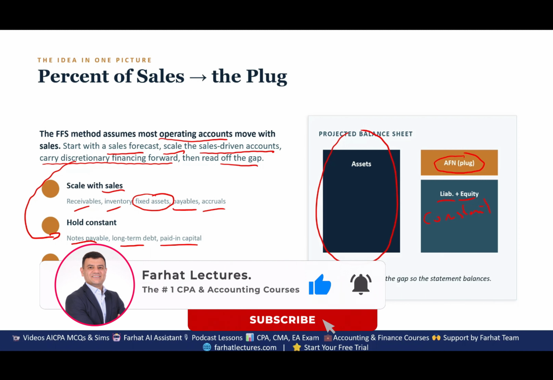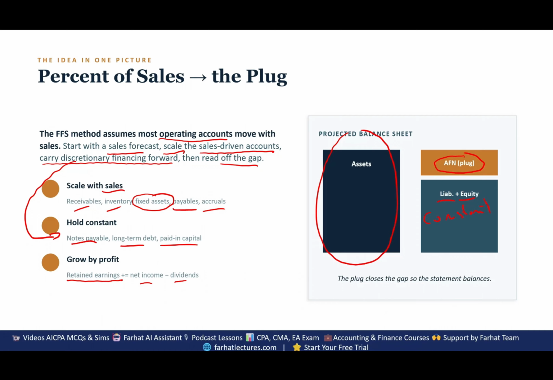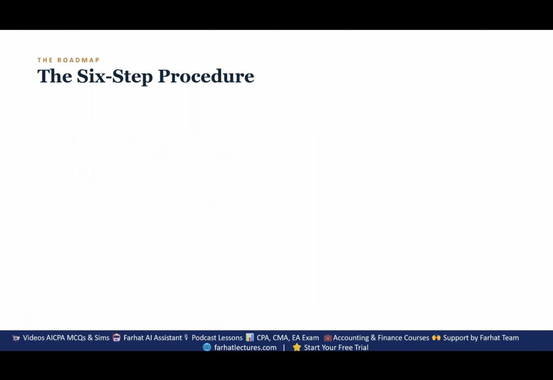So the plug will close the gap so the statement will balance, because you cannot just stop at sales. After you compute sales, we will compute the pro forma balance sheet, and when the pro forma balance sheet does not balance, the figures we're looking for are the financing figures. And to process this, we're going to look at a 6-step procedure. Step 1, you guessed it.